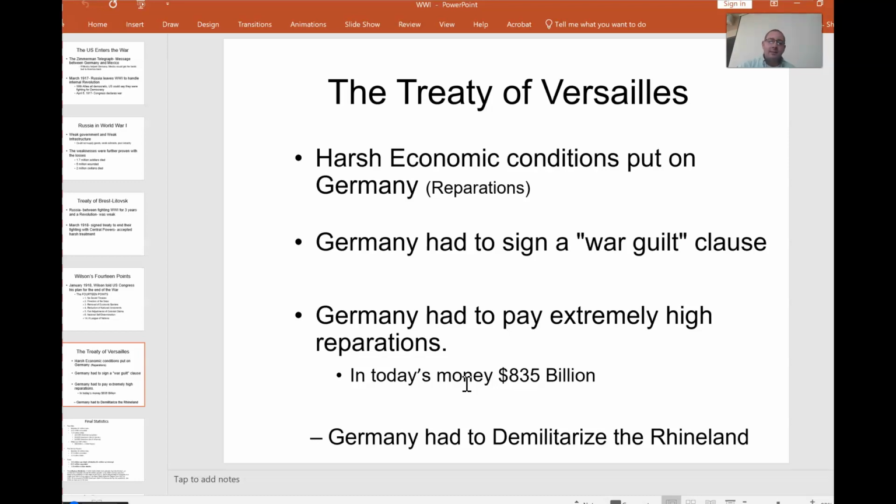Now, the United States, Woodrow Wilson, wants there to be, again, peace without victory. So he is arguing for good treatment of Germany, or at least better treatment of Germany, right? Sort of give some land back to the people who had land taken, but really not to punish Germany.